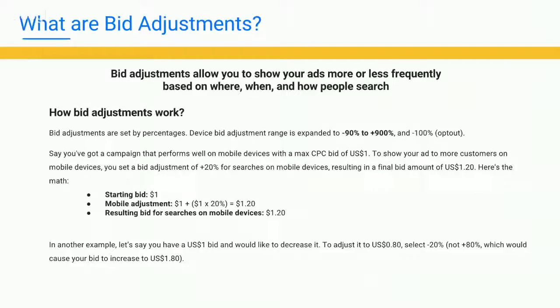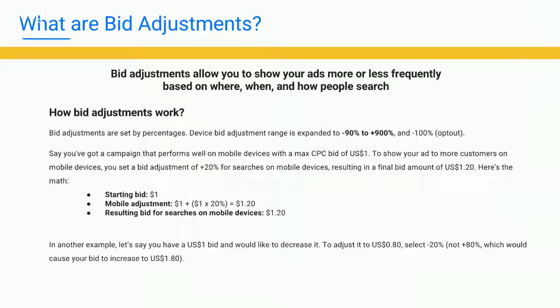The example we're looking at would be putting in a plus 20% bid adjustment for mobile devices. So you go into your account, find mobile devices, and put in plus 20%. Then, say your starting bid for a keyword is $1. That's your max CPC. With that bid adjustment for mobile, say I was coming onto Google on my phone, doing a search for whatever your keyword is.